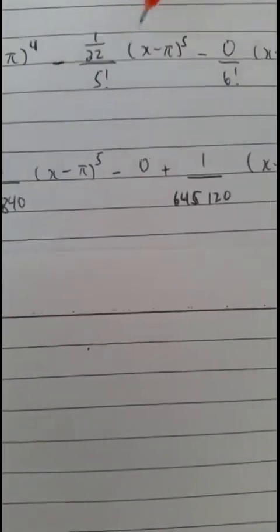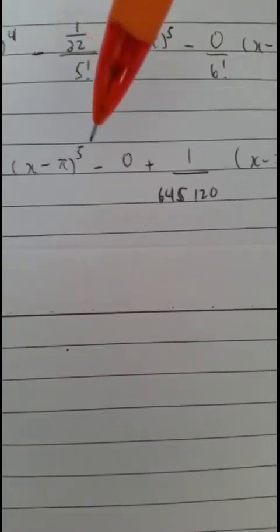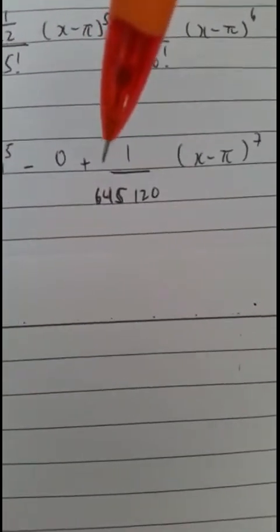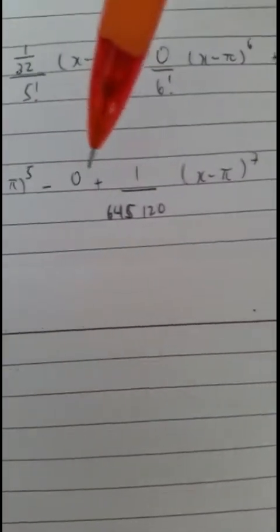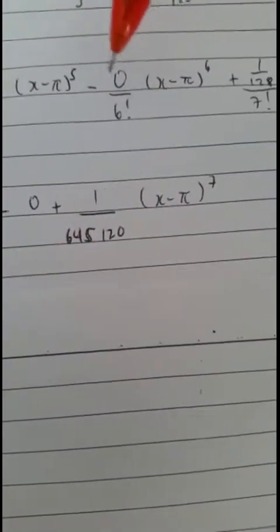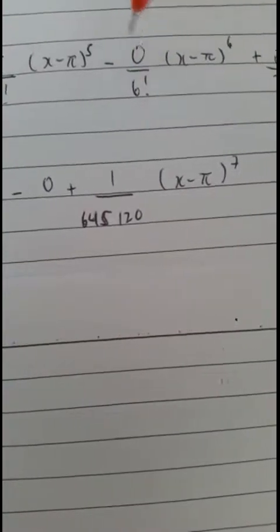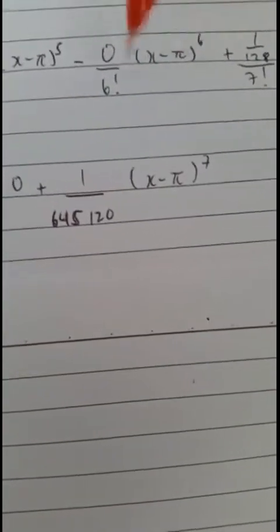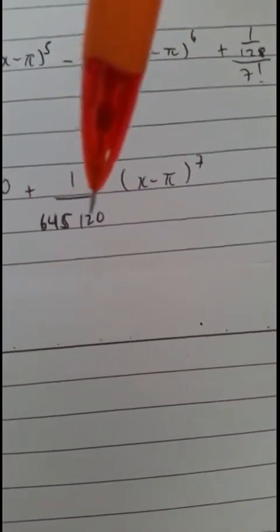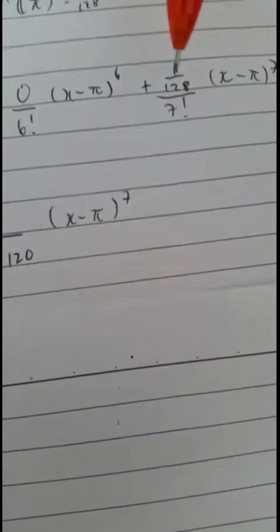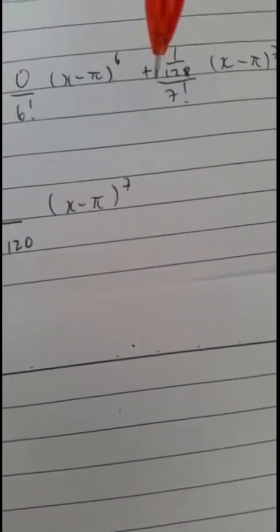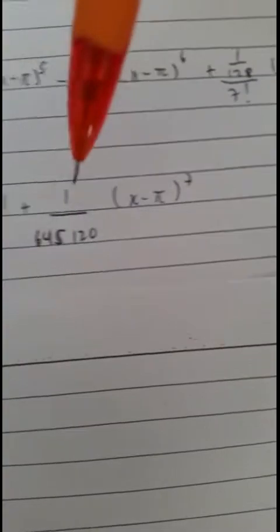Then this one brought here is bracket x minus pi to the power of 5, minus 0 plus 1. This is 0 because the sixth term is also 0, the numerator. So 0 over 6 factorial gives us 0, and it just cancels out whatever's here. So the seventh term is 1 over 645,120, since 1 over 128 over 7 factorial gives us this number.